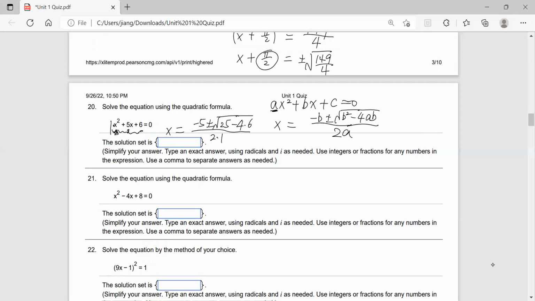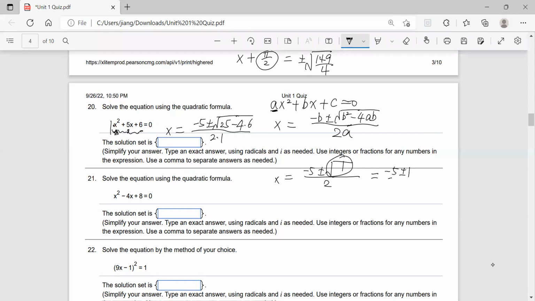So x equals negative 5 plus or minus the square root of, in the parentheses, 25 minus 24. That is 1, divided by 2. So I have negative 5 plus or minus 1, divided by 2.